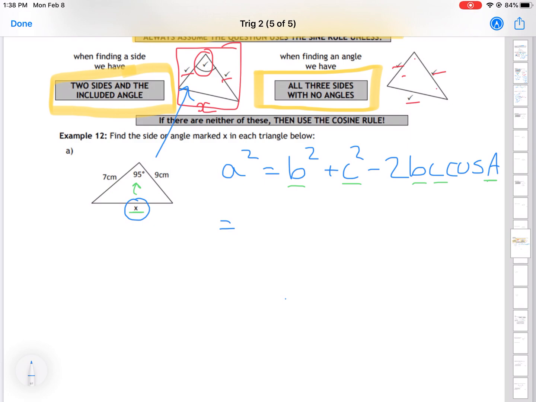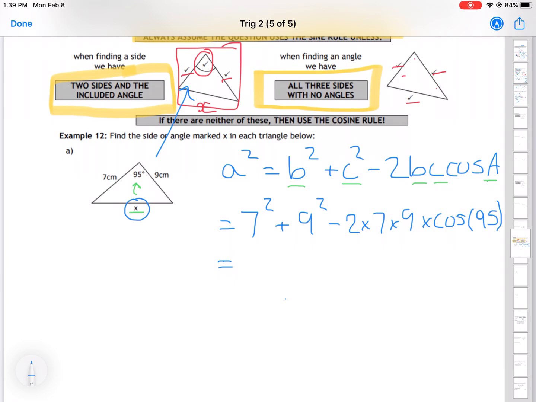So in this case, we use 7 and 9 as b and c: 7 squared plus 9 squared, subtract 2 times 7 times 9 times cos of the angle, which is 95. Okay, so a few things to bear in mind. We've got to make sure our calculator's in degrees. If you're using the online calculator, then you'll be able to see DEG or RAD. So you want to use the DEG for degrees. And then with this calculation in particular, this is one of our easiest ones.